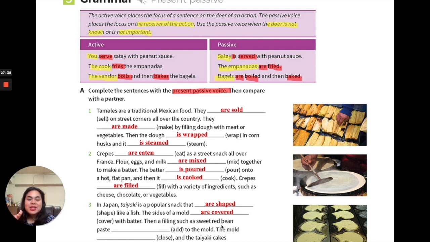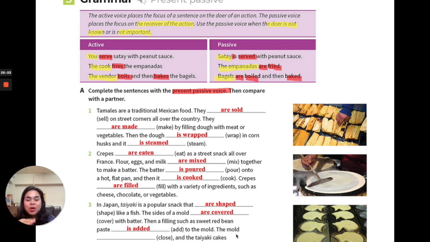Then a filling such as sweet red bean paste is added. What do we use with sweet red bean paste, singular? Use is. Is added. So when you have a verb that ends with t or d, and you add ed, you add an extra syllable, okay? Not is add, but is added to the mold, see?